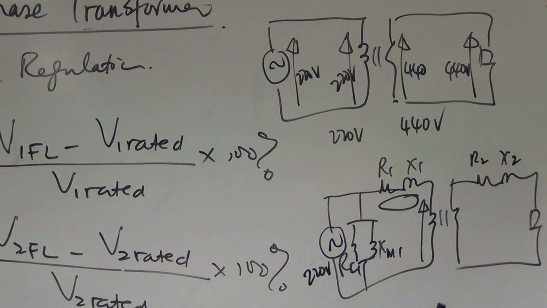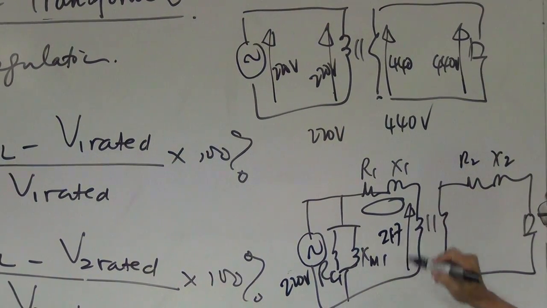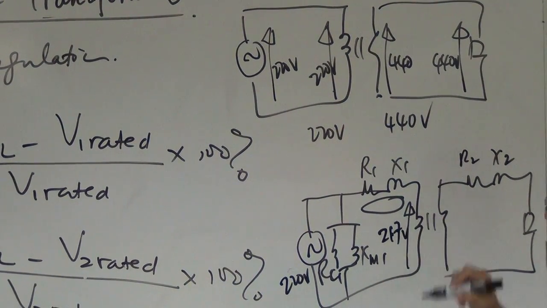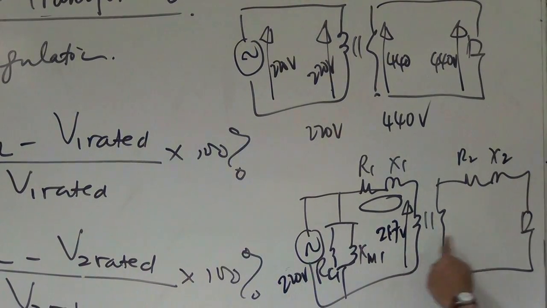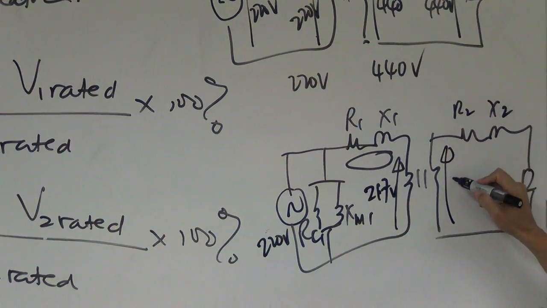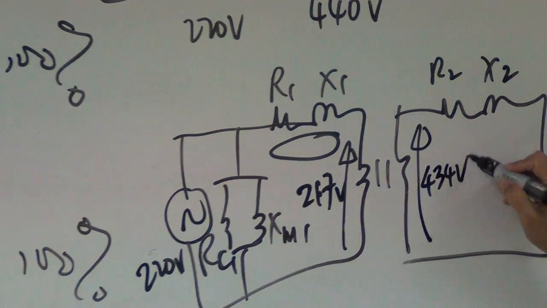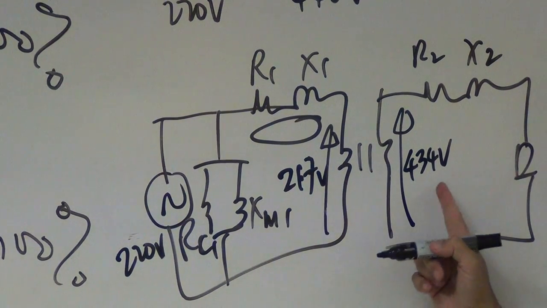So let me just fabricate a value. Let's say it becomes 217 volts. Okay, and the voltage therefore induced, because the ratio is times 2, I will get 434 volts. Correct? 434 volts.